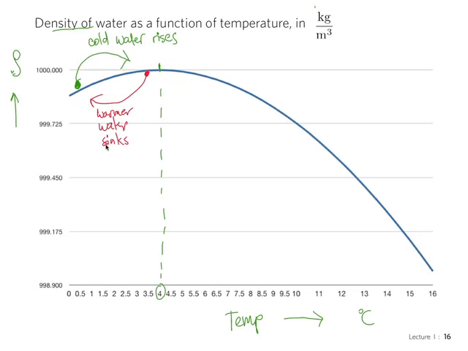And this is a very important thing for the planet Earth because it means that ice floats. And because ice floats, through the ages, incredible things have happened and life has been able to survive thanks to this. Because ice will just form this layer on top and the water underneath is not frozen and life can continue despite being in the Arctic or being in a glacial age and so on. It's a very important feature of water.